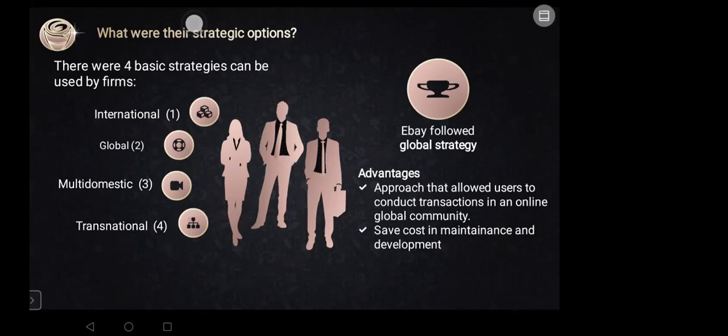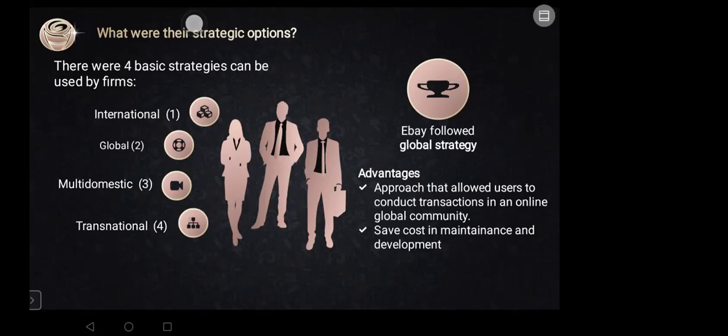While the transnational strategy, where the company could provide a standard product and meet specific local needs, would be the optimal strategy for eBay to adopt for competing in the Asia Pacific region. A transnational approach would instill consistency across eBay's global platform and at the same time provide flexibility when entering new markets.